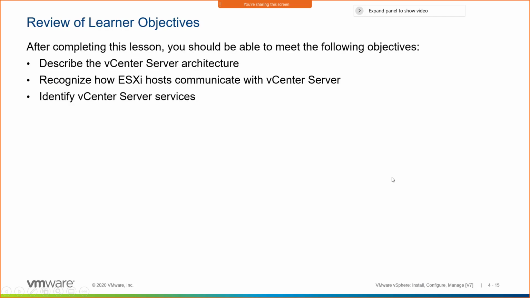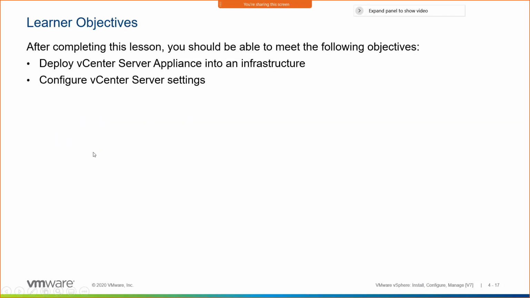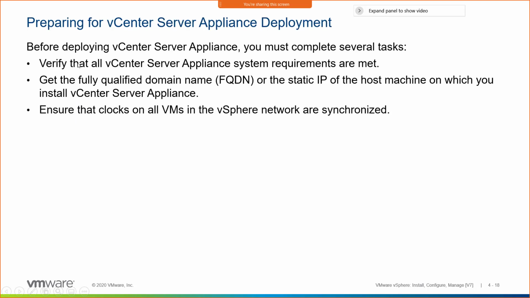So if we go ahead, review, and okay, deploying vCenter Server Appliance, that's what we are doing just now, and let's check what it has to say. Preparing: before deploying the vCenter Server Appliance, you must complete several tasks. Verify that all vCenter Server Appliance system requirements are met. Well, yeah.